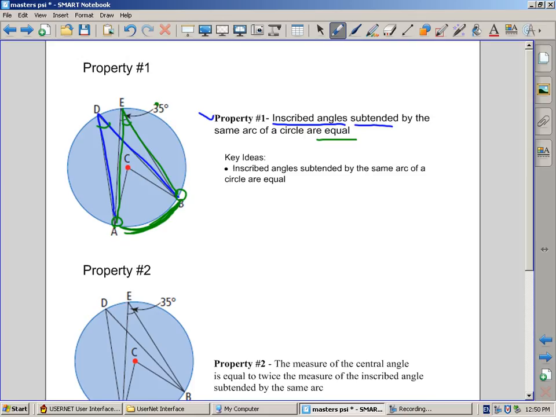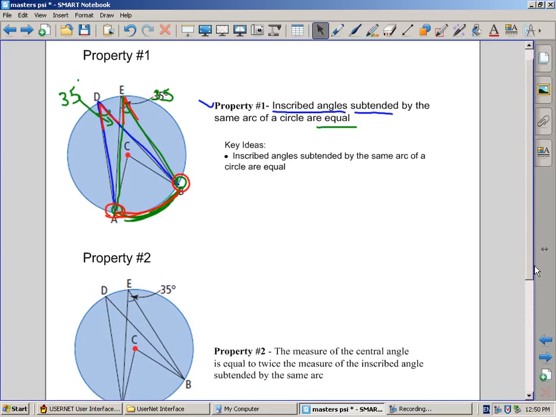So if this one, as stated, is 35, then we know that this angle is also 35 degrees. Two inscribed angles subtended by the same arc of a circle, which indeed they are, are equal. If we know one is 35, we know the other is 35.